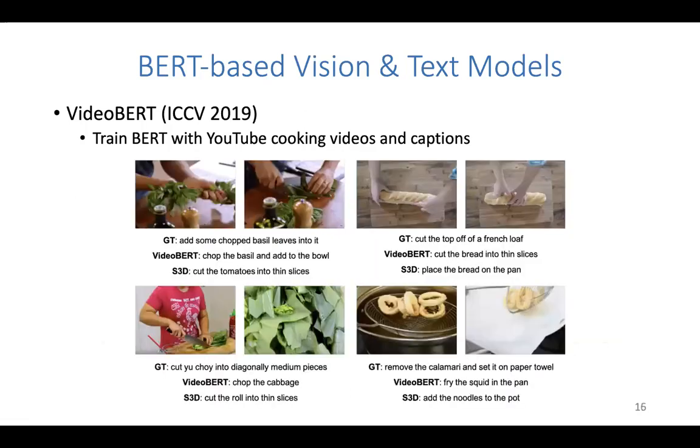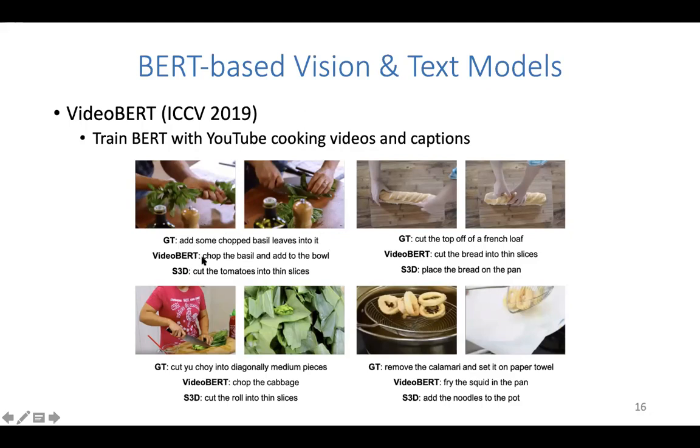After pre-training this model a lot using masked language modeling, what you can do with this VideoBERT is generate captions. As the video is being streamed in, the model can create captions, and it is doing a pretty good job. Here, given two sequences of images, the model needs to generate the caption, and the ground truth caption is add some chopped basil leaves into it.